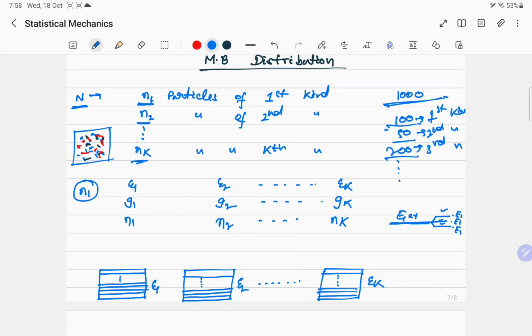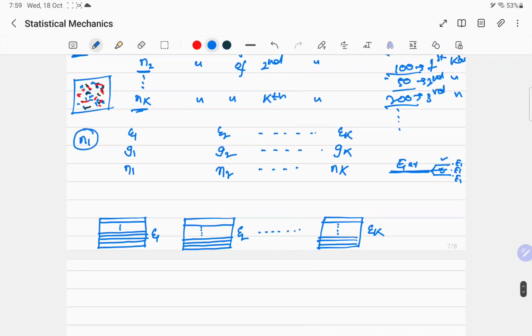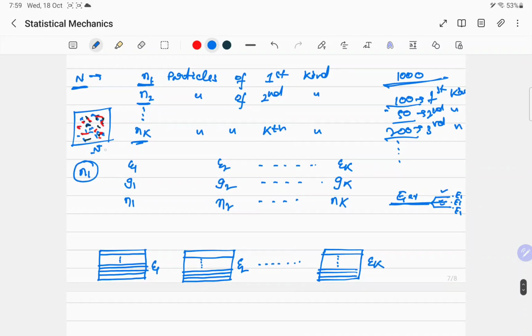So what is our goal in the Maxwell Boltzmann distribution? I am repeating our goal. This is our system, with a total of n particles, subdivided into n1 particles of the first kind, let's assume the red balls; n2 particles of the second kind, the blue balls; and lastly nk particles of the kth kind, the black balls.